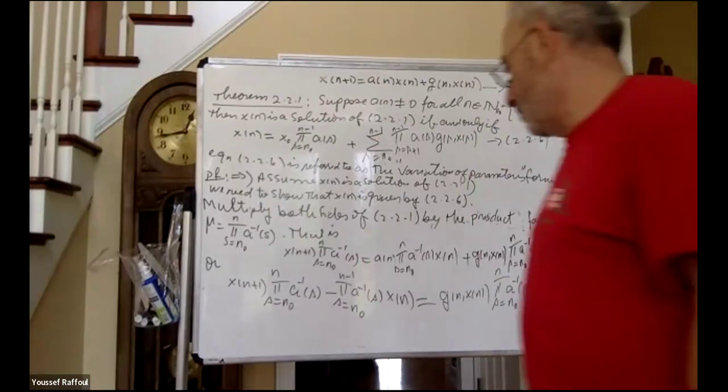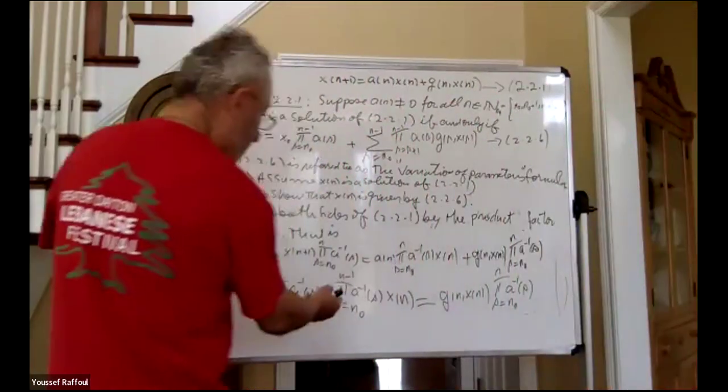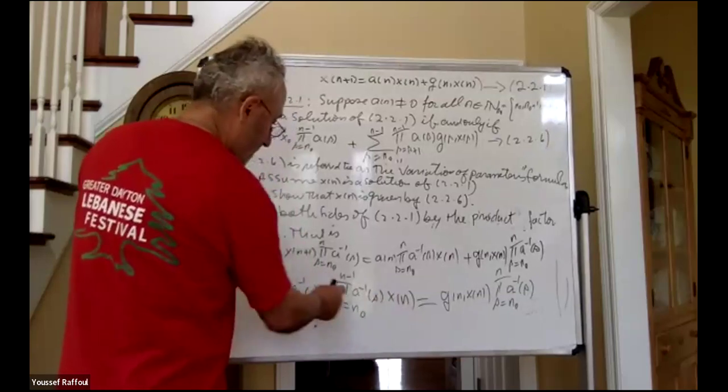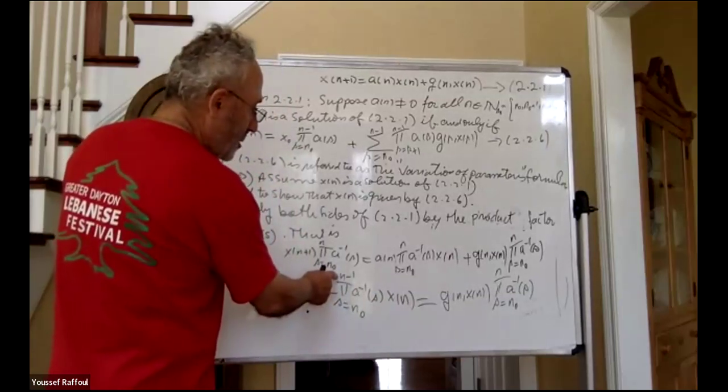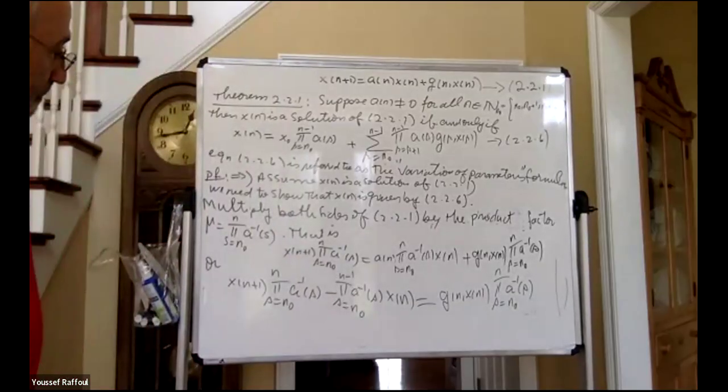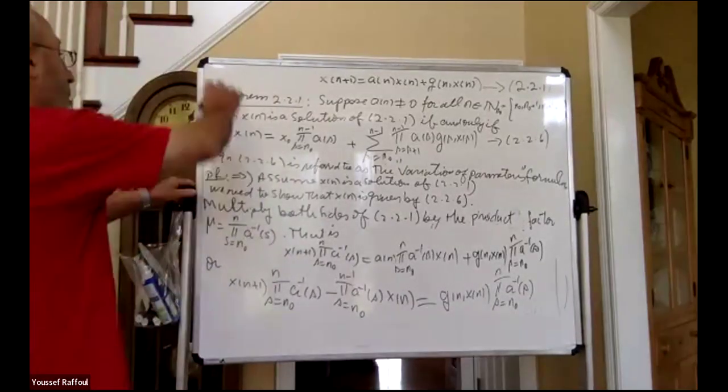Now, what happened here? You see what happened? The a_n disappeared, and then the upper limit for the product became n minus 1 instead of n. Why is that? Well, let's take a look.